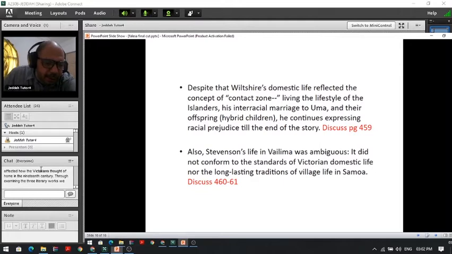Through examining the three literary works we have studied, Bronte's Wuthering Heights, Doyle's The Sign of Four, and Stevenson's The Beach of Falesa, discuss how home in both the domestic and national sense is not represented in a fixed way, challenging middle class notions of social propriety and mores. This was quite a mouthful, quite big.